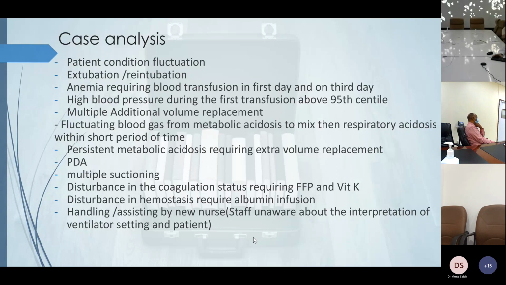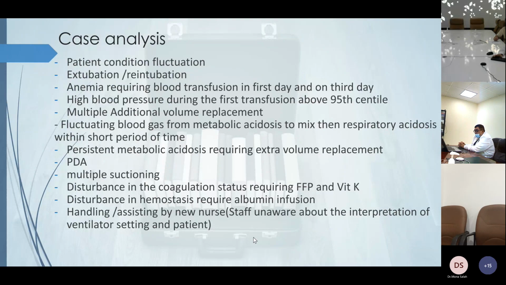For that baby, the leading causes of severe IVH were the patient's condition fluctuation, extubation, reintubation, anemia requiring blood transfusion on the first day and on the third day, high blood pressure during the first transfusion above the 95th centile, multiple additional volume replacements, fluctuation in blood gases from metabolic acidosis to respiratory acidosis within a short period of time, persistent metabolic acidosis requiring extra volume replacement, multiple suctions, disturbance in coagulation status requiring FFP and vitamin K, disturbances in hemostasis requiring albumin infusion, and handling assisted by a new nurse, so staff who were unaware about the interpretation of the ventilatory setting and the patient.